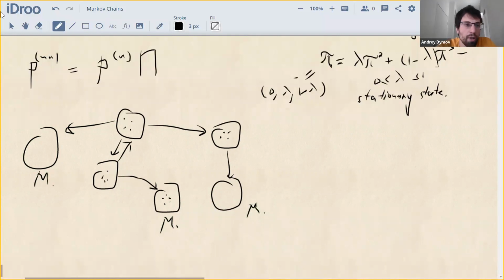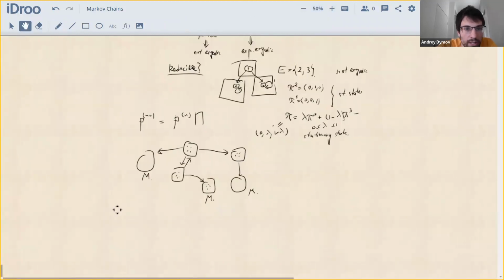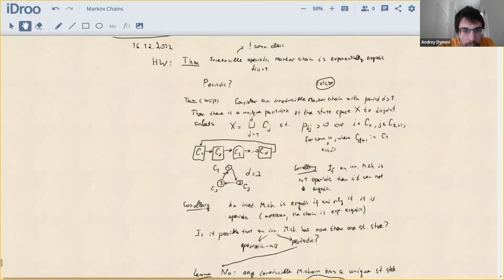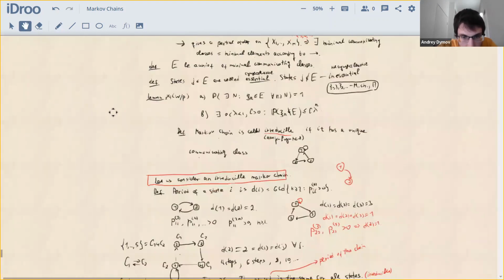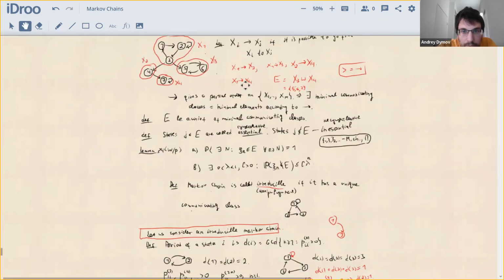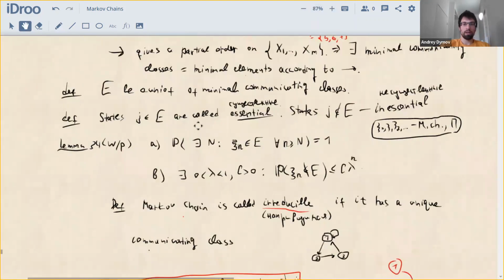Then we have a lemma from the last time which states that the probability that we haven't yet arrived at a minimal communicating class decays exponentially.